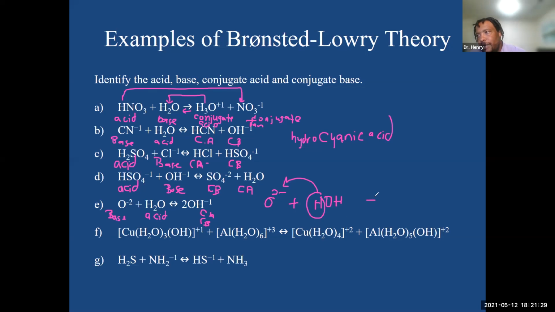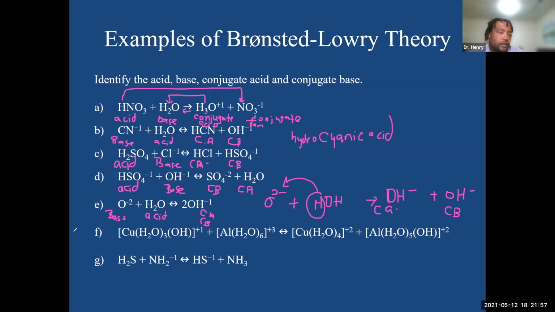So we're going to end up with OH minus for this, and then OH minus for this, where the one that came this way would be now the conjugate acid, and this one would be the conjugate base. So both.